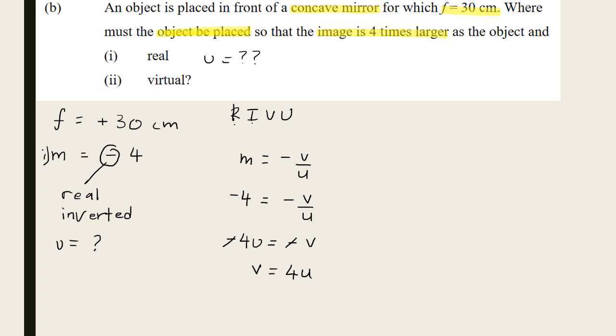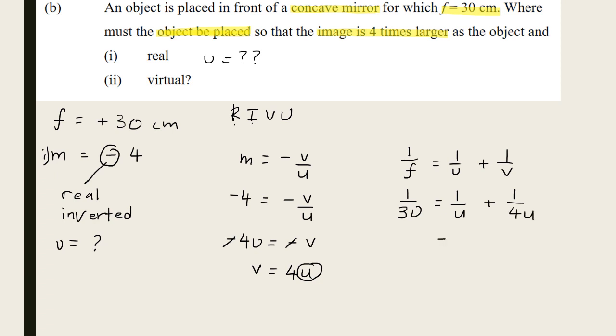We know about the mirror equation. We're very familiar with this equation. We want to find u, so let's remind ourselves of that. Let's substitute: 1 over 30 equals 1 over u plus 1 over 4u.